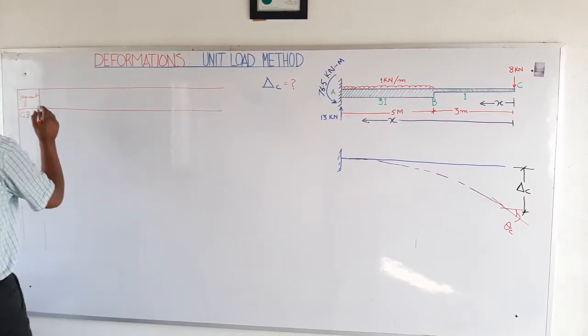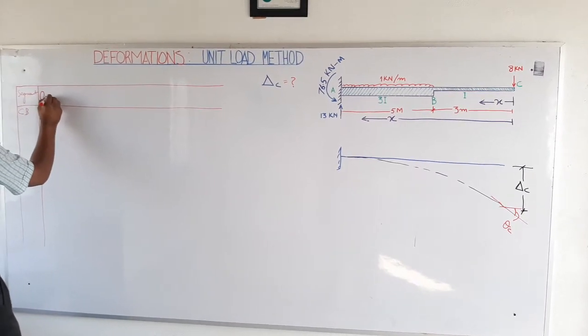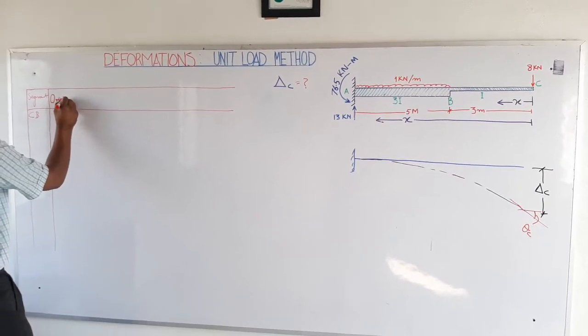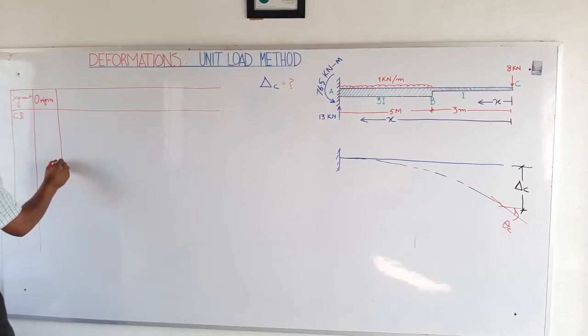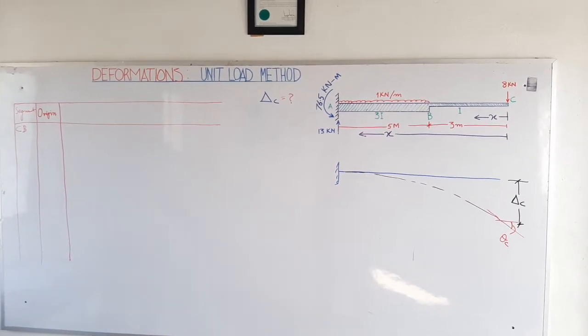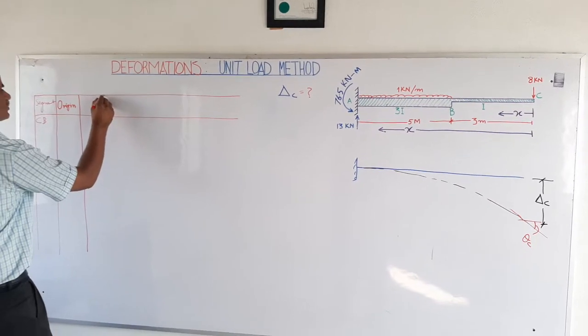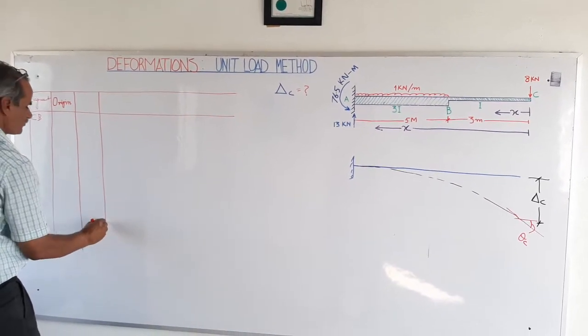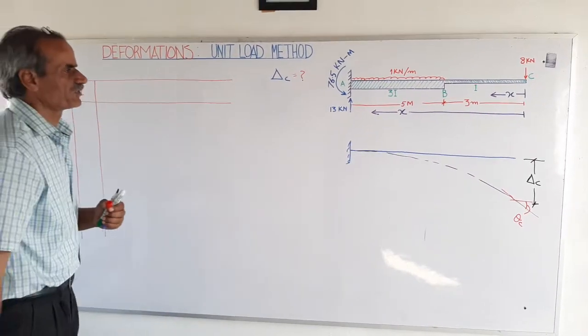The second column is where we originate or ordinate from while writing the equation of bending moment. And the third column is denoted to the relative values of I, as it is different over here.